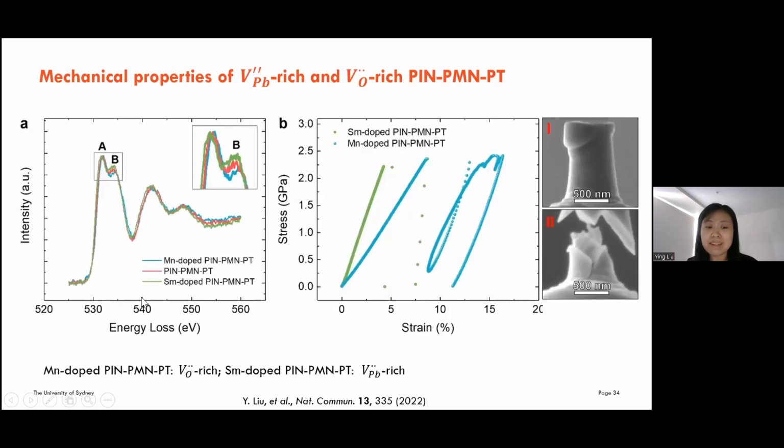Then in experiments, we conducted compression tests of magnesium-doped PMN-PT, which is oxygen-vacancy rich, and sodium-doped PMN-PT, which is lead-vacancy rich, and found that the oxygen-vacancy-rich pillar is more ductile, while the lead-vacancy-rich sample is more brittle.